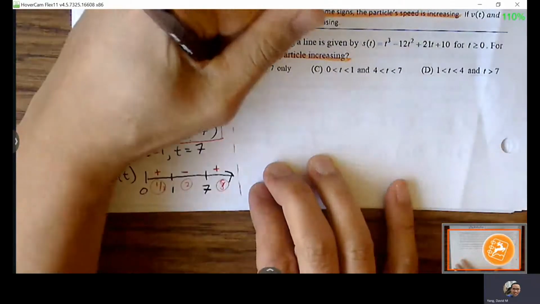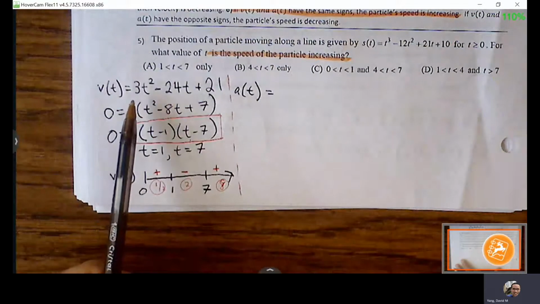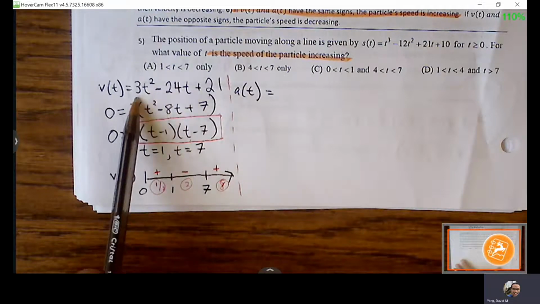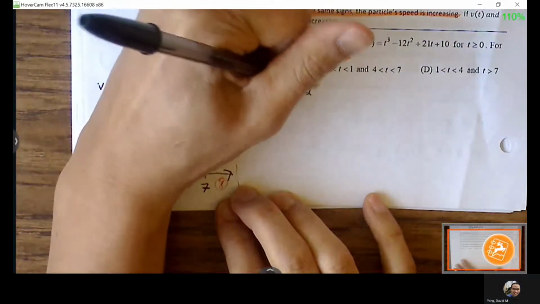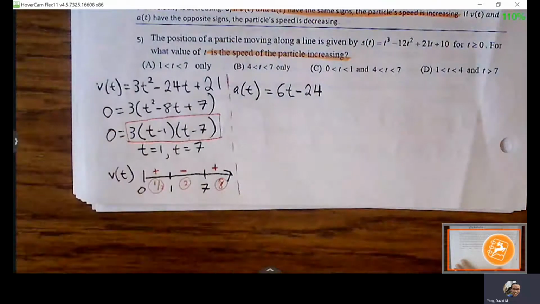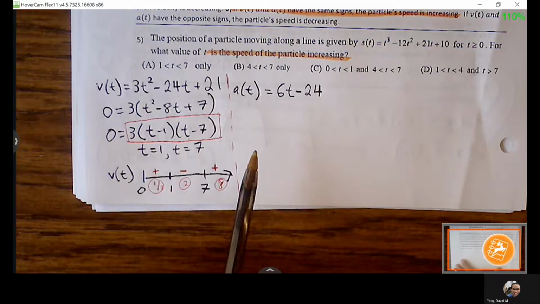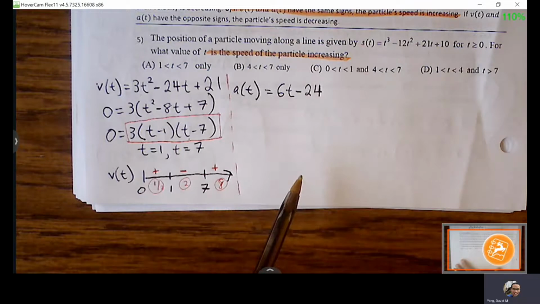Let's go ahead and find our acceleration function. All right, power rule again. So 6t minus 24. Okay, we also want to create a sign line for acceleration.